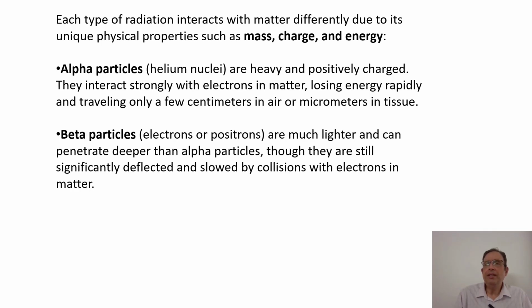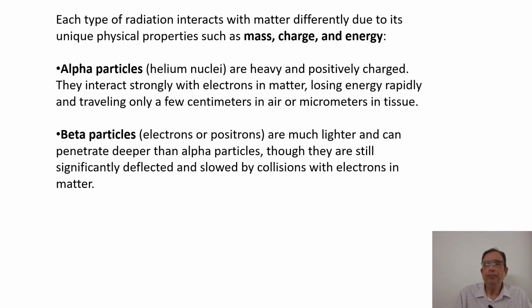Similarly, beta particles, which are much lighter, are highly penetrating, and they penetrate much deeper than alpha particles. They can travel a few millimeters in a solid body. Also in air they are highly penetrating and travel large distances.